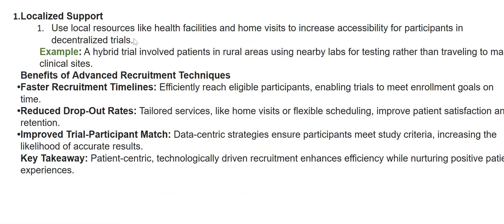Localized support: use local resources like health facilities and home visits to increase accessibility for participants in decentralized trials. For example, a hybrid trial involved patients in rural areas using nearby labs for testing rather than traveling to main clinical sites.